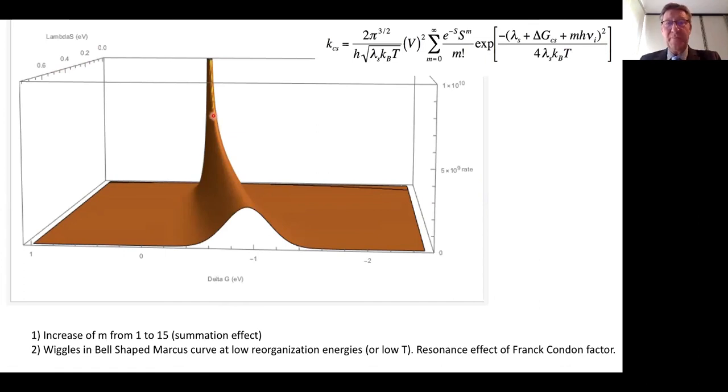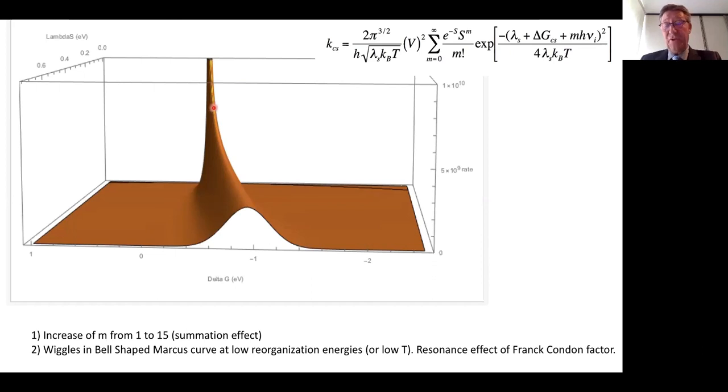And you also see that the rates that you can attain are actually highest at small delta G's and small reorganization energy. That is part of Marcus theory, and people have observed that also.